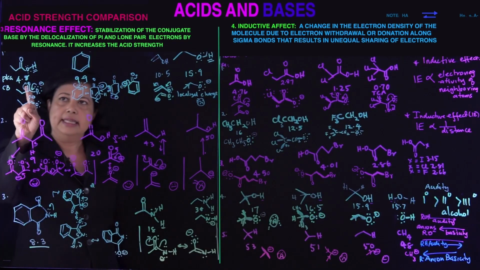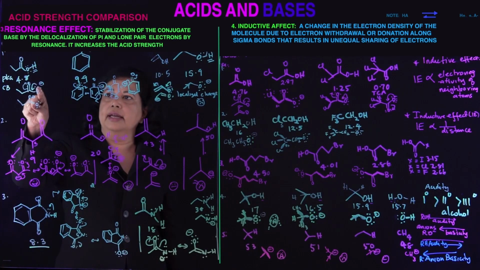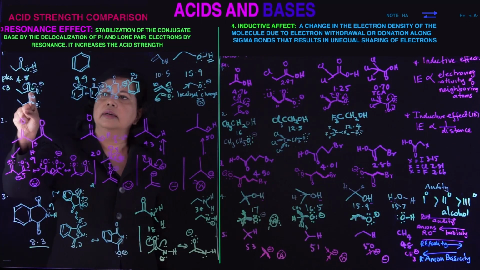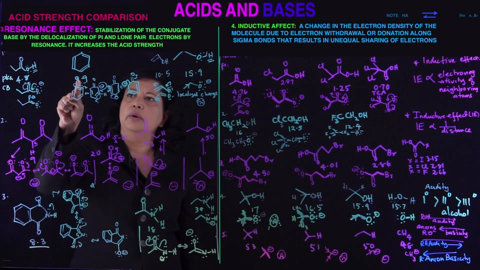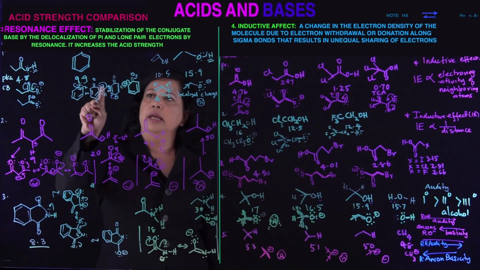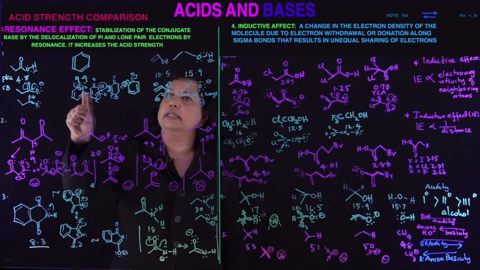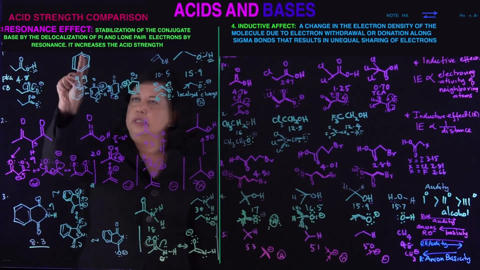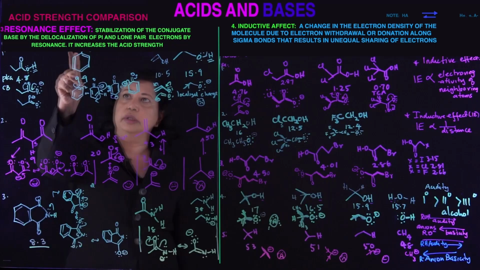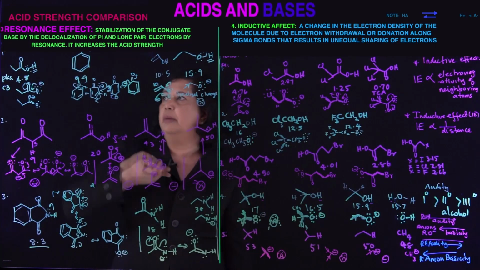This is a classic example. Here, the anion is delocalized between two oxygen atoms. Here, the anion is delocalized between an oxygen atom and all of these carbon atoms. So there are a lot more resonance structures here because this molecule has a lot more possibilities for resonance due to all of those pi bonds.